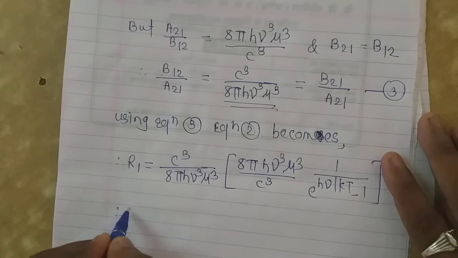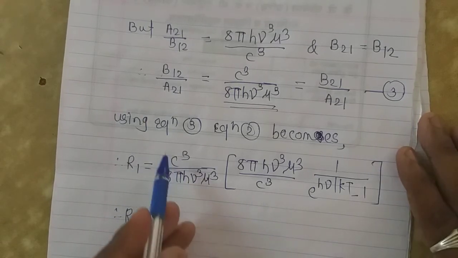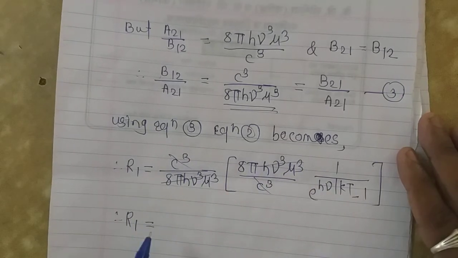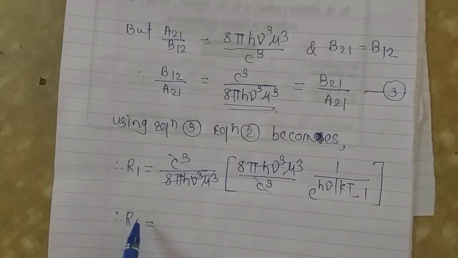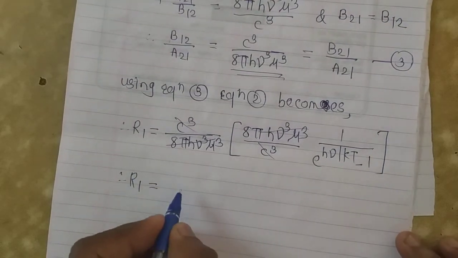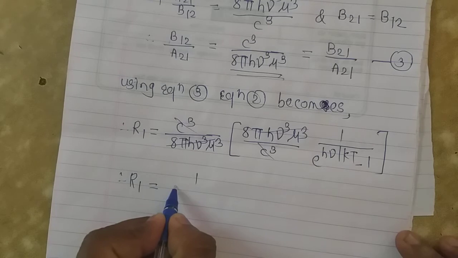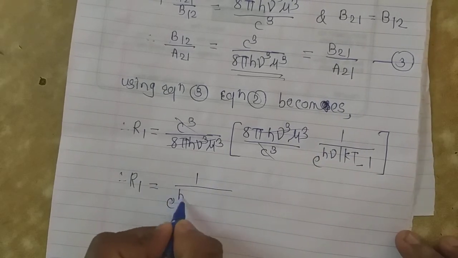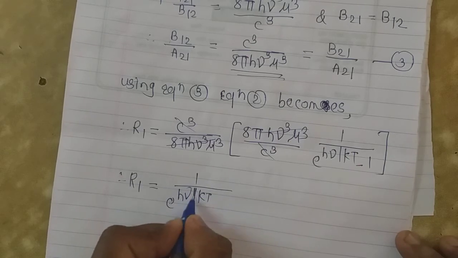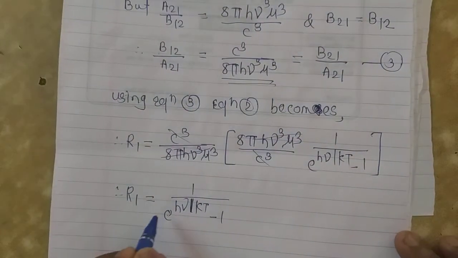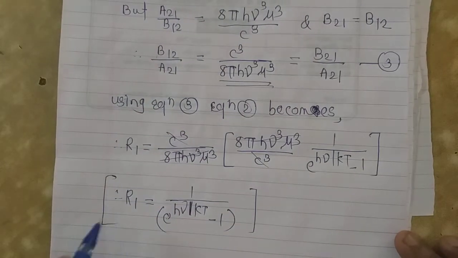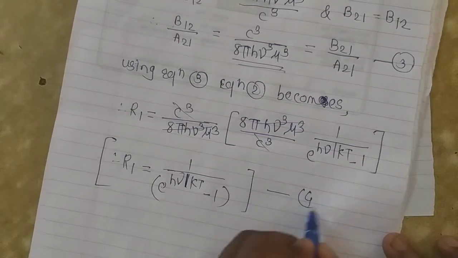Here c cube gets cancelled and the term 8 pi h nu cube into mu cube is cancelled, then the remaining R1 is equal to 1 divided by e raised to h nu divided by kT minus 1. This is equation number 4.